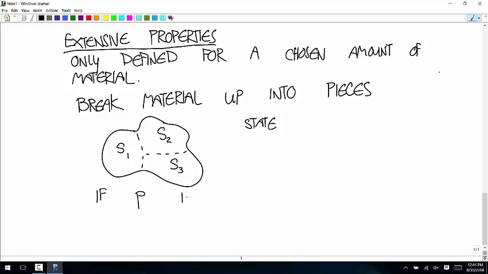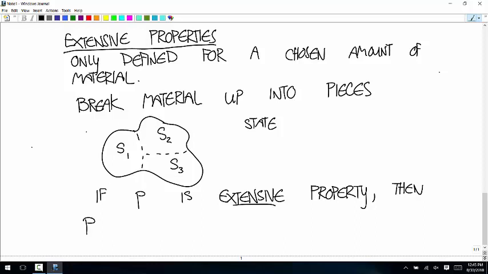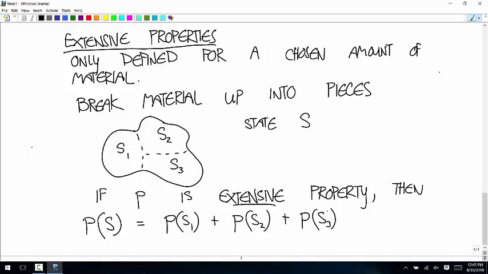If P is an extensive property, then that property as applied to the whole thing, let's call the whole thing state S, is equal to that property for S1 plus that property for S2 plus that property for S3. So it has that additive thing.